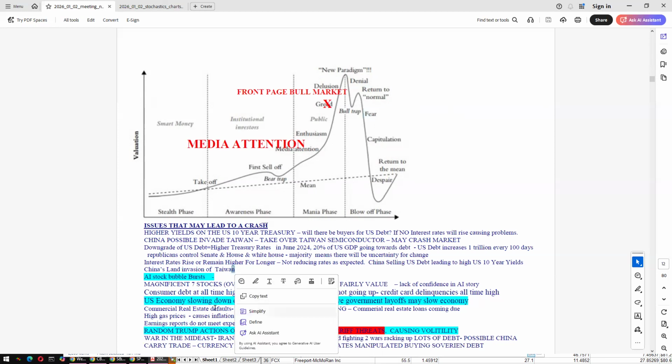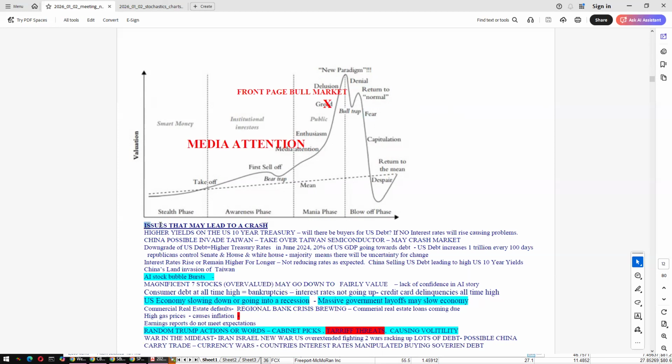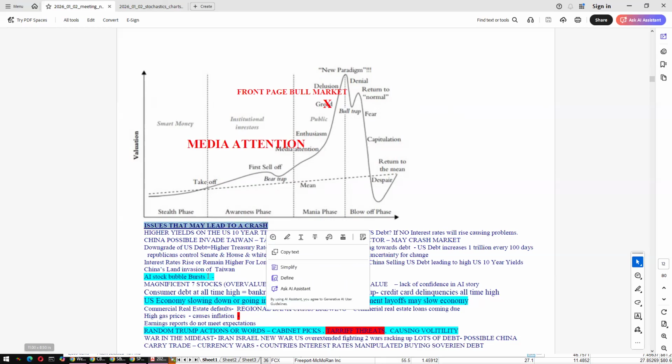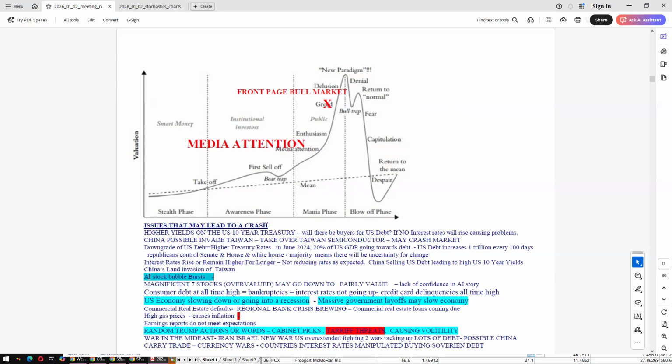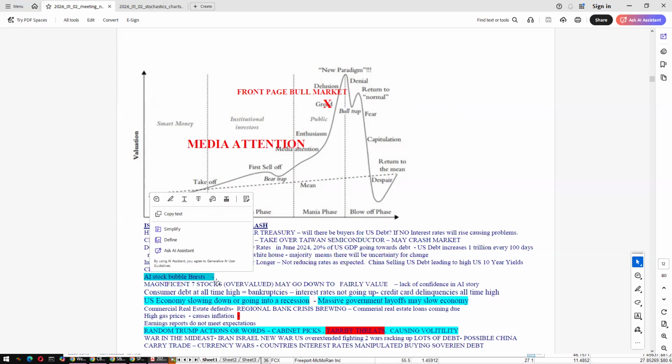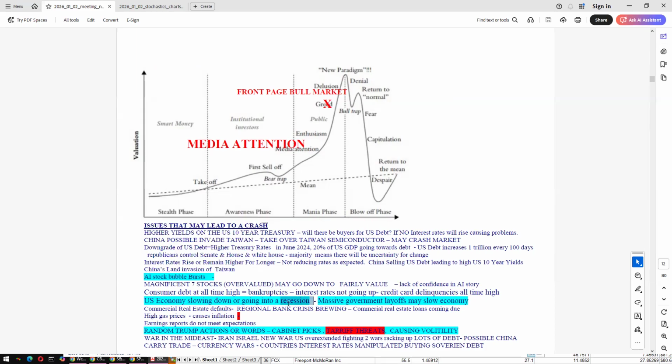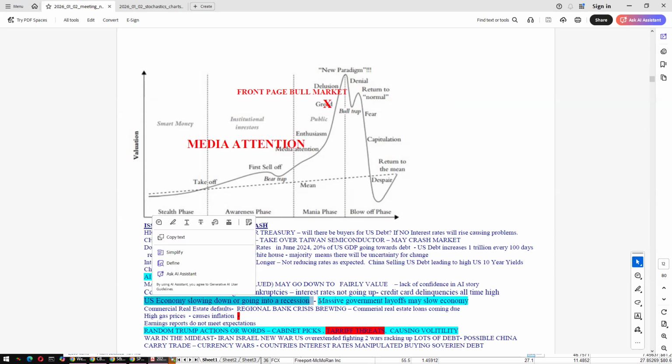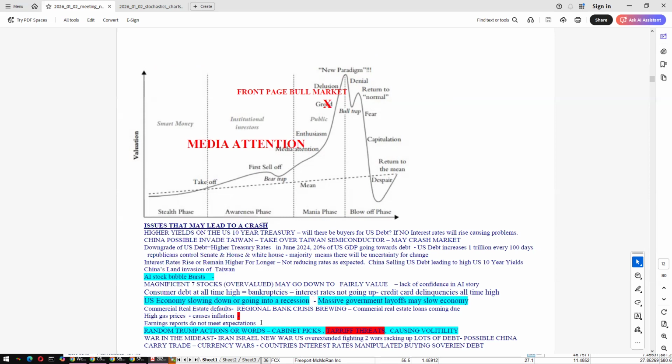So the things that we look at, we keep track of issues that could lead to a crash or a correction. Some of the most important themes for the stock market is the AI theme. If there are cracks in that story and a lack of faith in the AI story, you're going to see the stock market starting to go down. If we see the U.S. economy slowing down or going into recession, that could cause the stock market to go down.